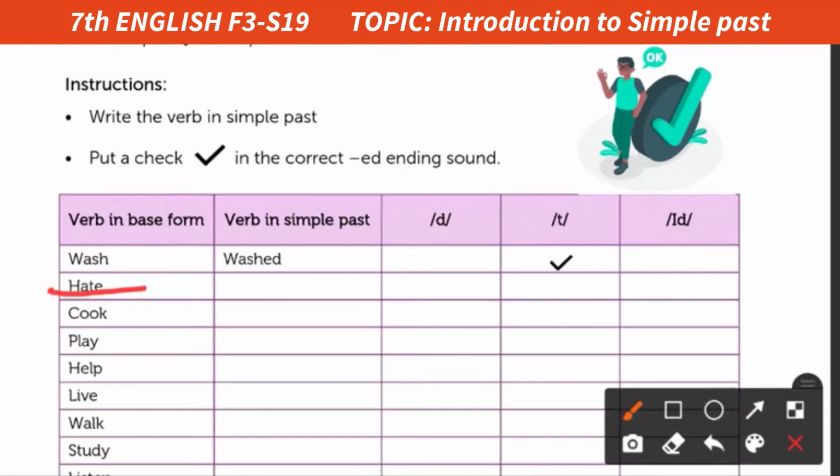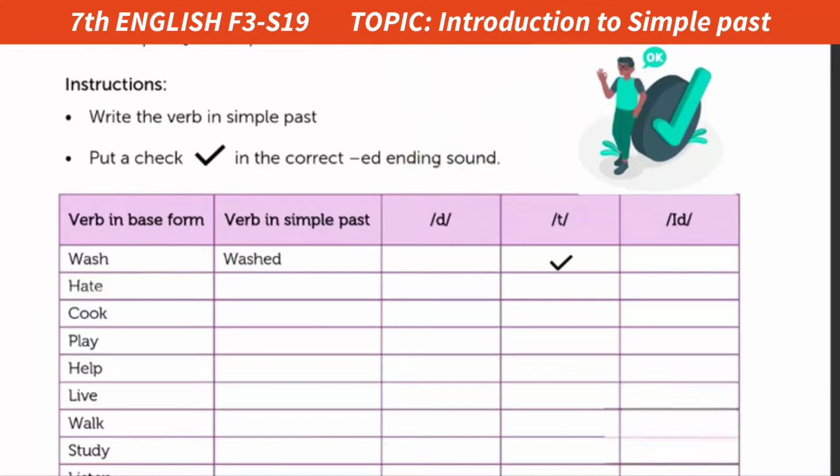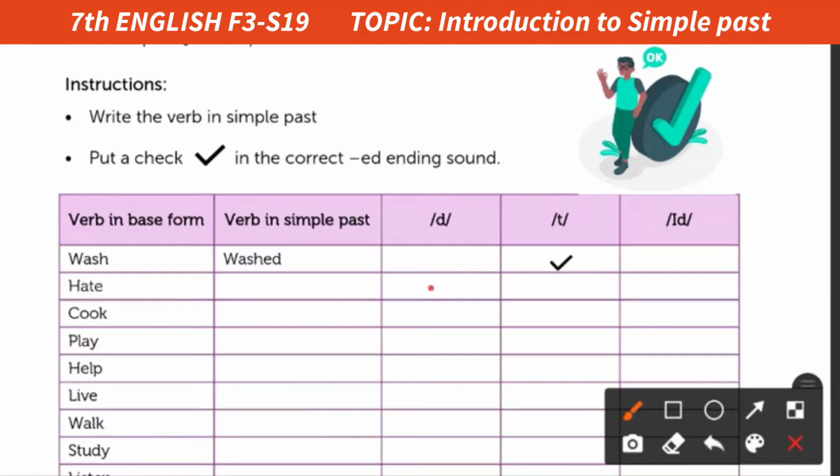Hate. ¿Cuál es el sonido final? Dijimos que los que terminaban en T y D, es id, so it will be hated, okay? Cook. Para los que no tiene vibration, su sonido es la T, so cooked.